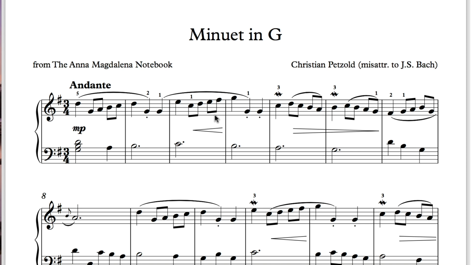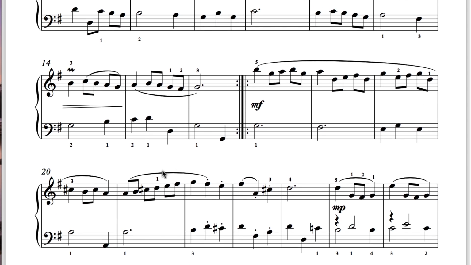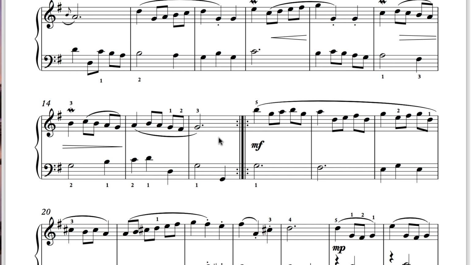Now in 3/4, if I had a run of 6 quavers like this, as in bar 21, I could just beam them all together in a group of 6, or as in bars 15, 16, 17 here, if I had a crotchet and 4 quavers, I could beam those 4 quavers together. But I've stuck for now to the beaming in pairs so that you can count the beat really easily throughout.